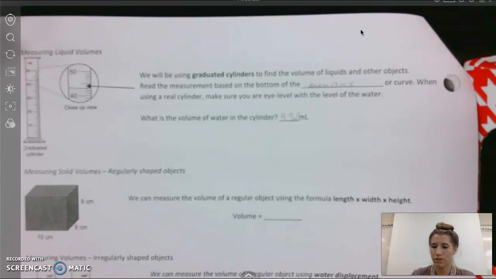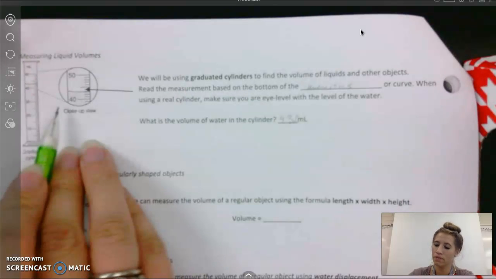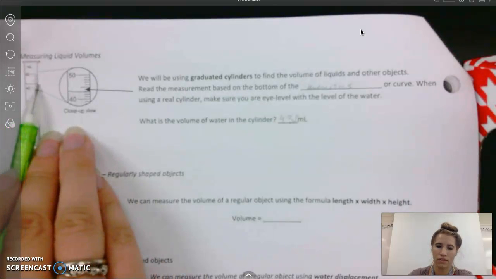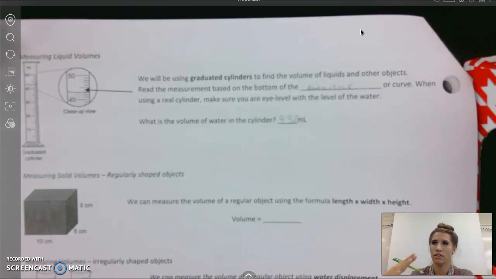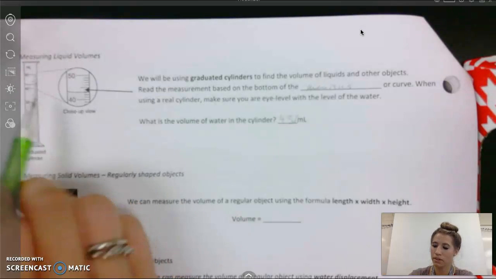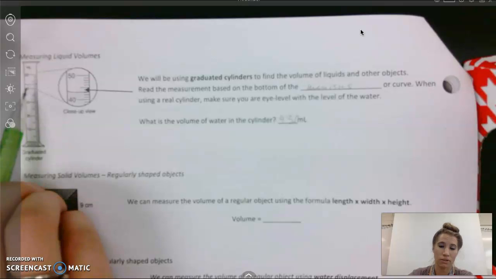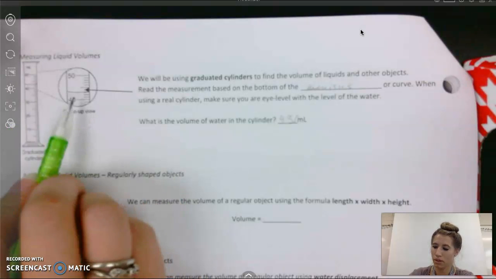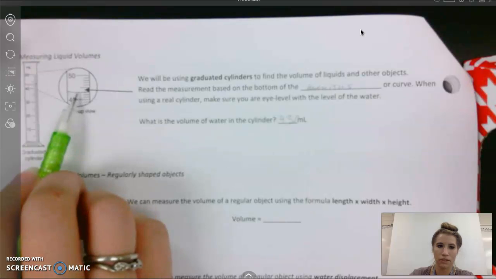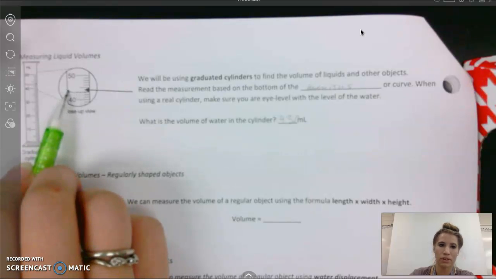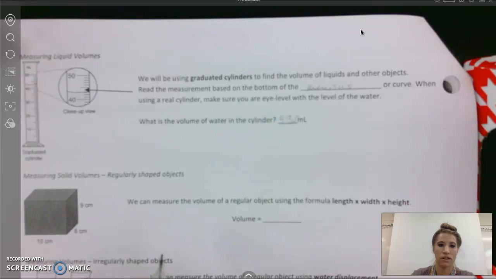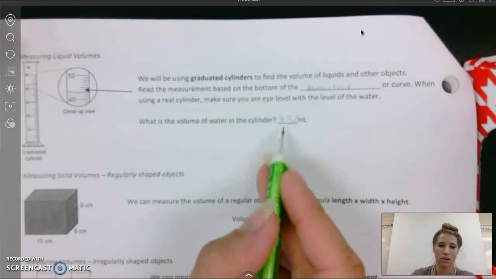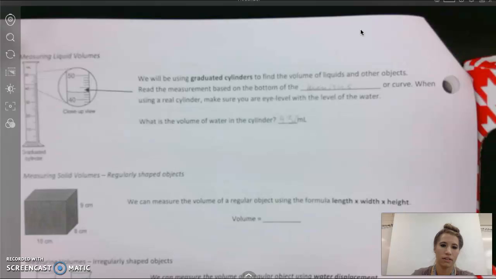In my graduated cylinder here in my notes, we see this rounded shape, and that is called the meniscus. Whenever you make measurements, it's really important that you measure from the bottom of the meniscus and not at the higher points on the edges. So when I look at this, it'd be 43 milliliters.